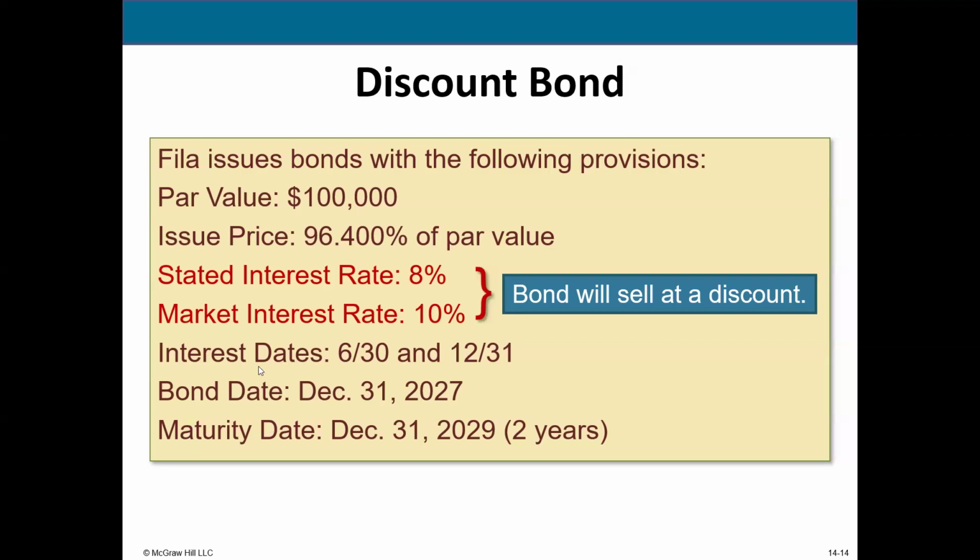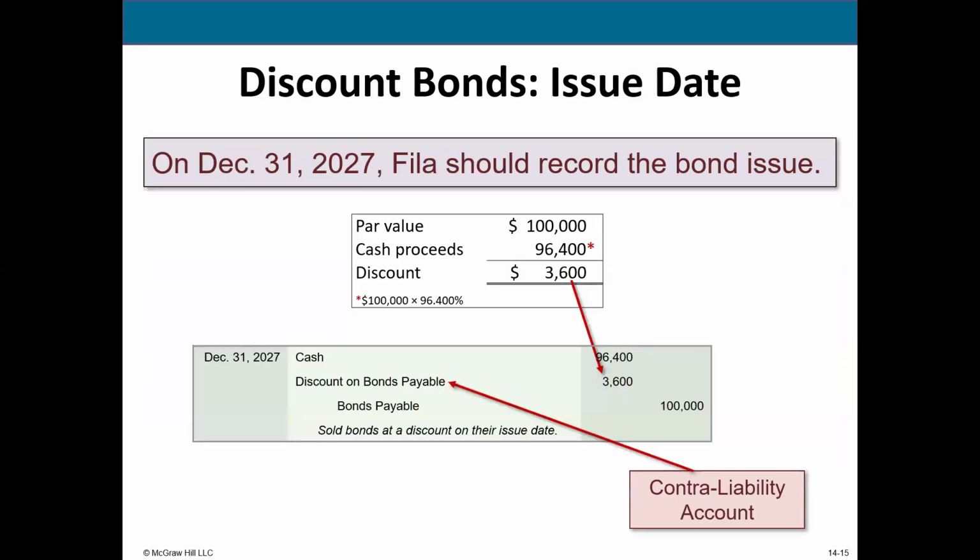Now, let's look at this a little bit further in our example for FILA and how they record the issuance of this bond at a discount. So we understand that $100,000 times the 96.4% issuance rate is going to give us a receipt of cash of 96,400. So we debit cash 96,400.